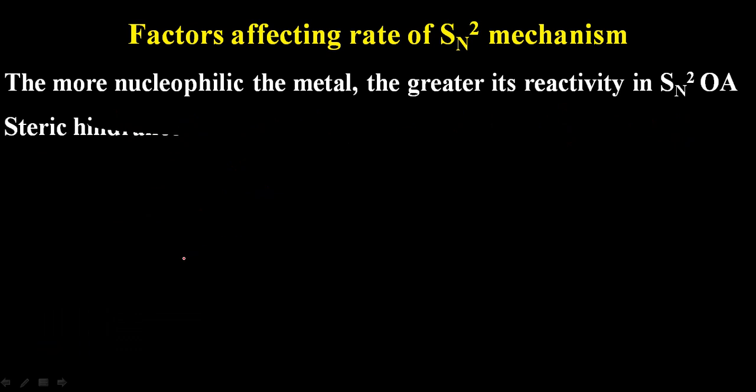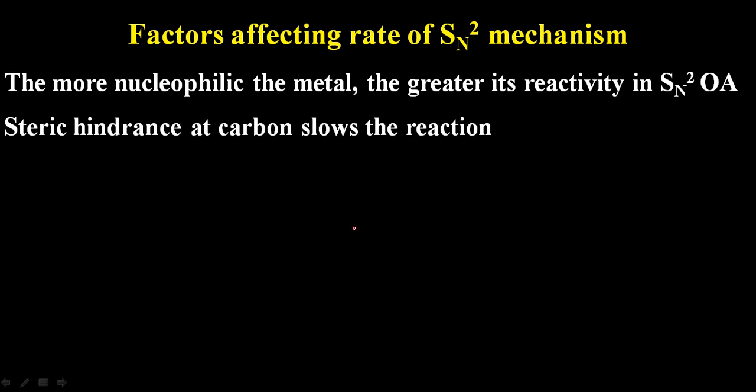The second point of interest is the steric hindrance. We know that if we consider this case, this is an alkyl halide, it is polar in nature and can undergo nucleophilic attack by the metal.